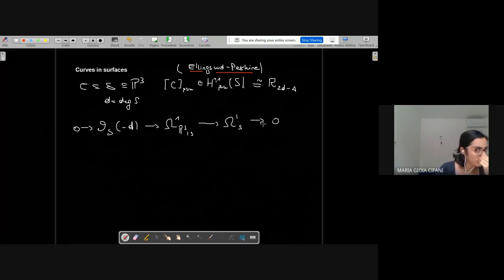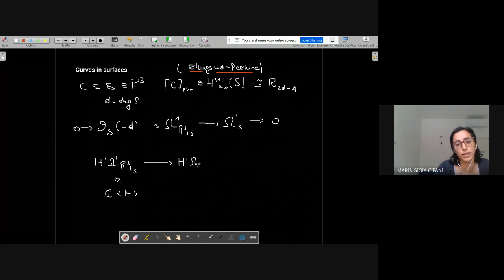So taking cohomology, we have here H^1 of Omega^1 of P^3 restricted to S. It is generated by the class of the hyperplane section. I just write H, the hyperplane section class.